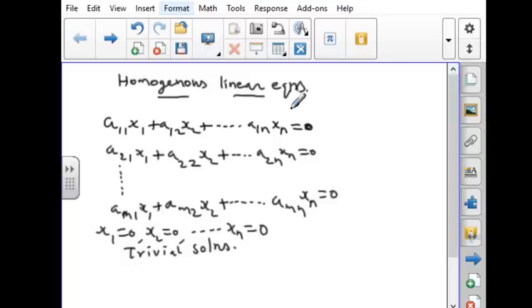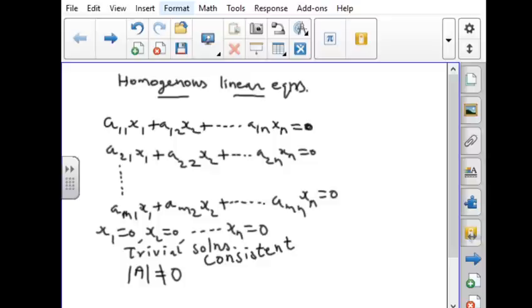By Rouché-Capelli theorem, any system of homogeneous linear equations is always consistent. Consistent means they have a solution. In this case, the determinant of A will not be equal to 0.